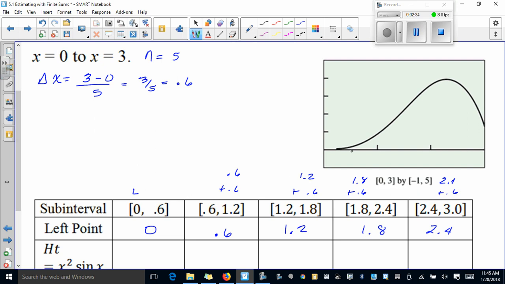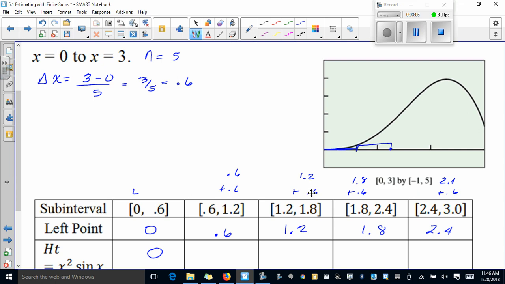The 0.6 is here, so I would come up to 0.6, and then that would be my rectangle. And at this point now, you should be going, oh, it looks like we're going to have an underestimation. What's going to happen here is we have concave up, and then somewhere around here, it's going to change and go concave down, which is actually to our benefit, because we'll start with an underestimation, but we'll end with an overestimation, or possibly, and things will work out.